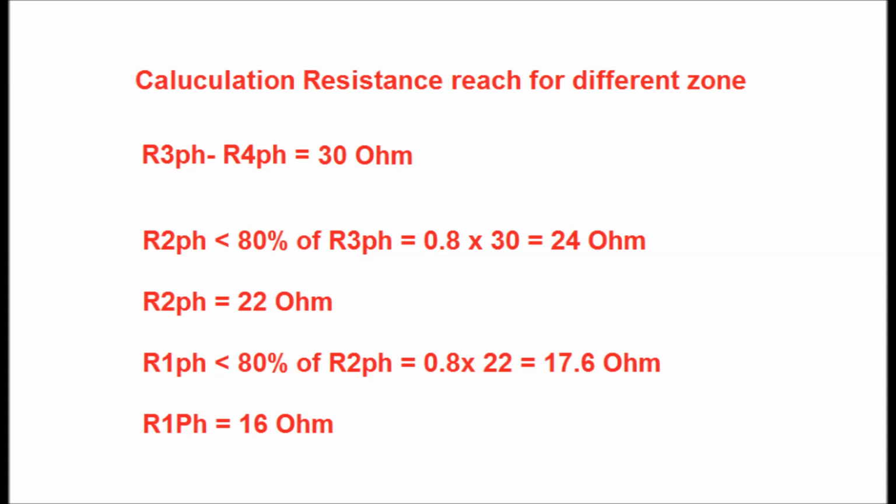For safety, let us take R2 phase equal to 22 ohm, and R1 phase should be less than 80% of R2 phase, that is should be less than 17.6 ohm. Let us take R1 phase equal to 16 ohm.